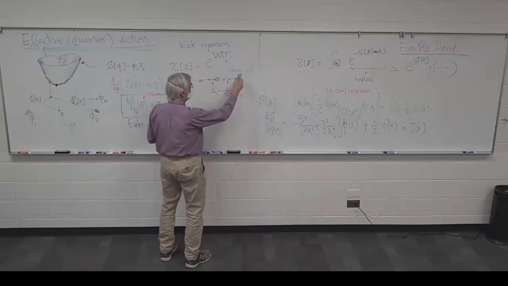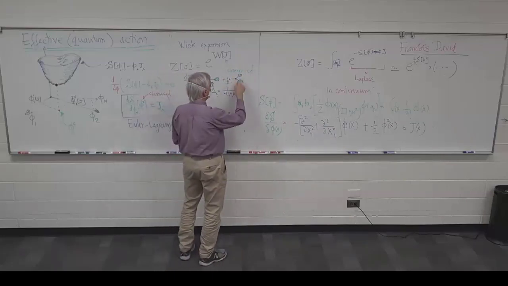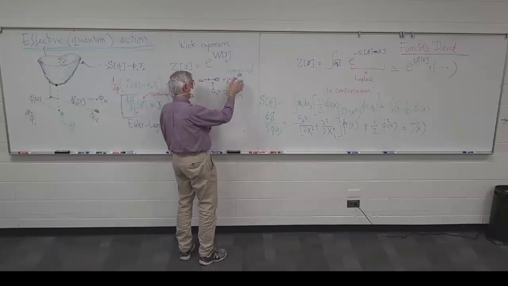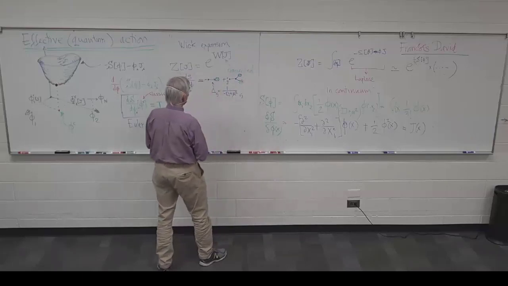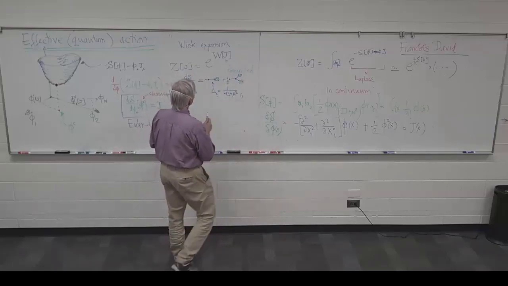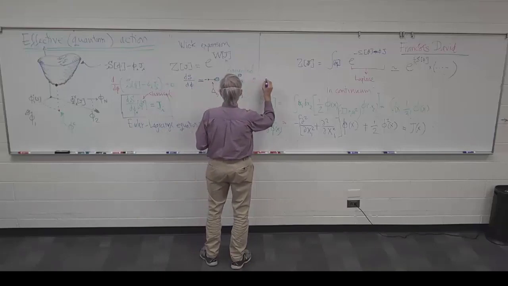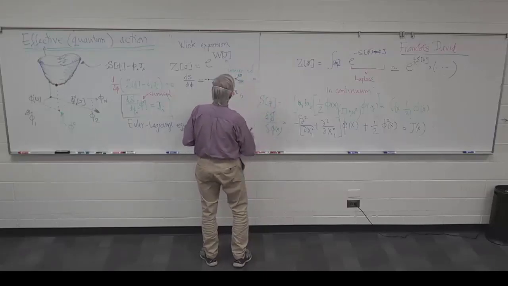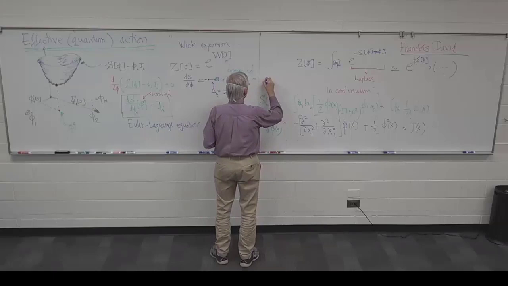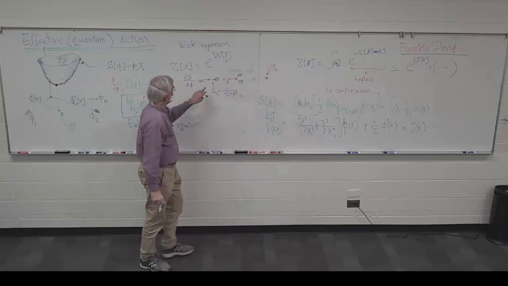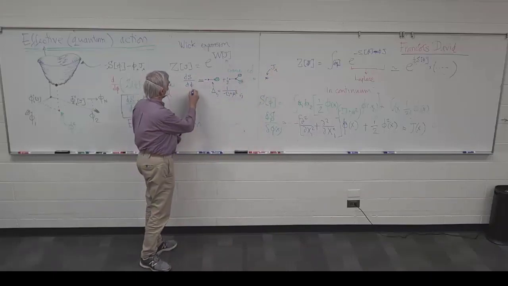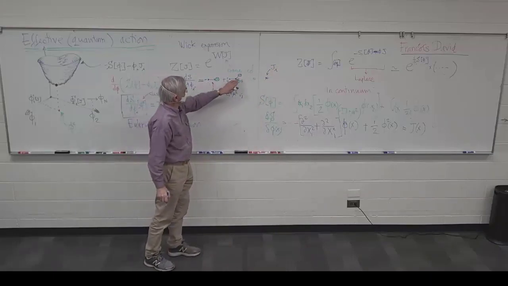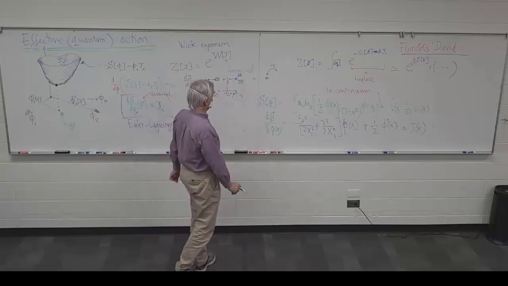And if there was a phi to the fourth theory, a quartic vertex, I would have 1 over 3 factorial, 3 legs going this way. And this is supposed to be my source term, which I denote by this J_i. And there is the same, you don't write indices explicitly, but that has an index side, that has an index side, that's a propagator, etc.